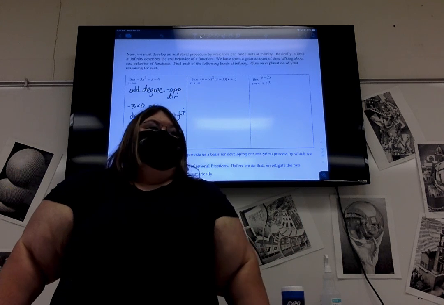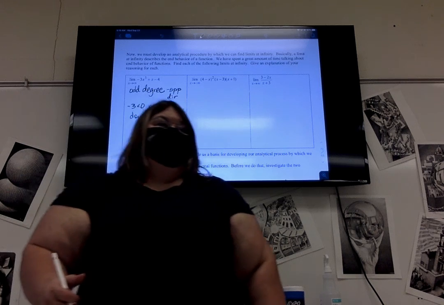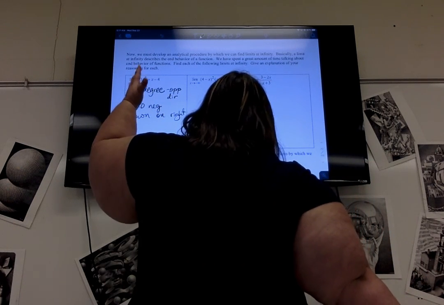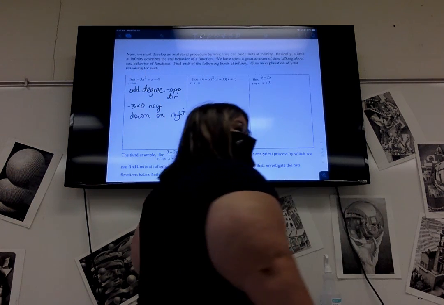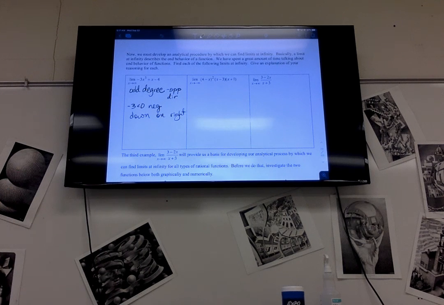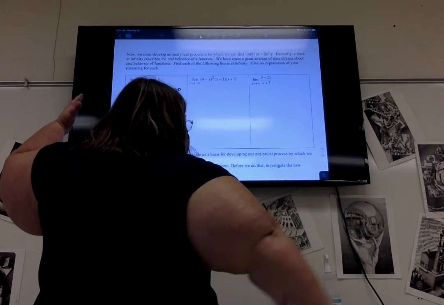And then because the -3 means that on the right, it's pointing down, so it's doing this. Oh yes, it's negative. So as x approaches infinity, so as I go to the right, what was the right side of this graph doing? Down. Going down.